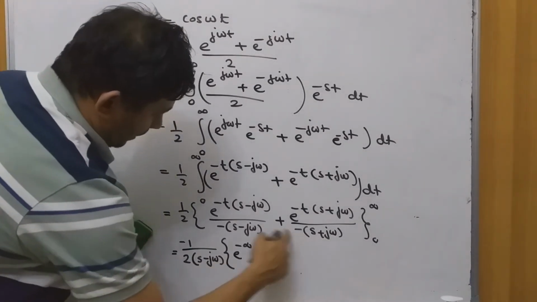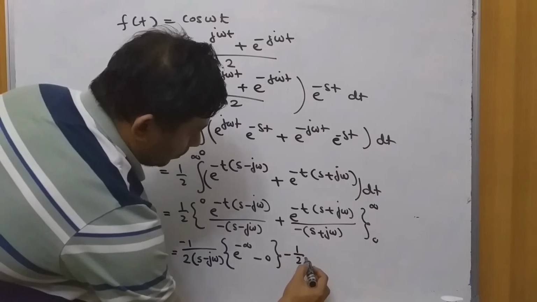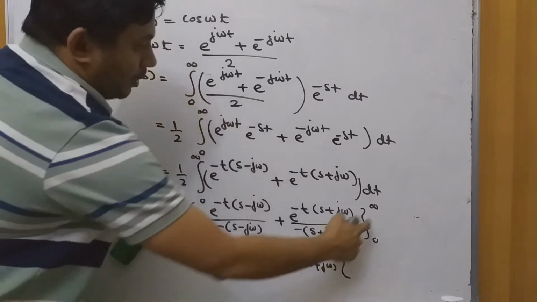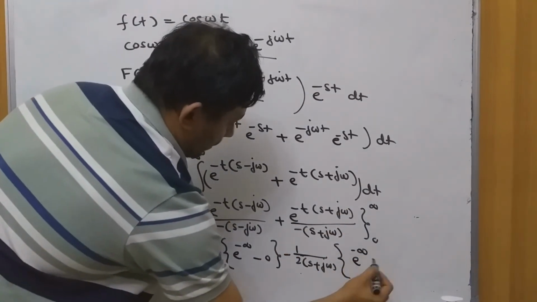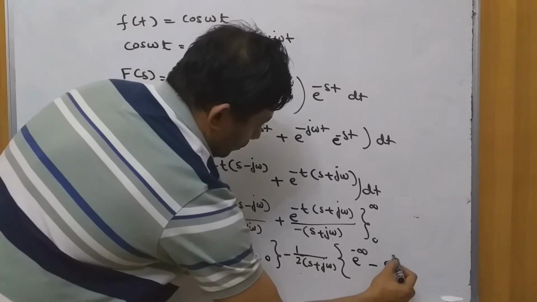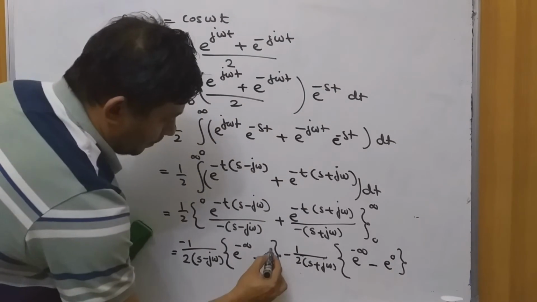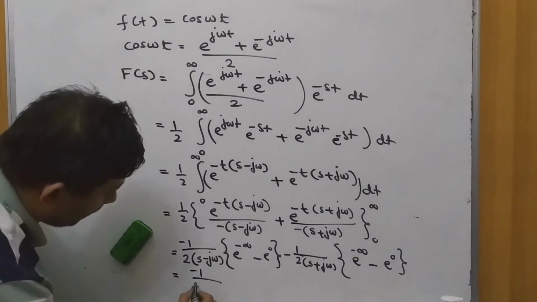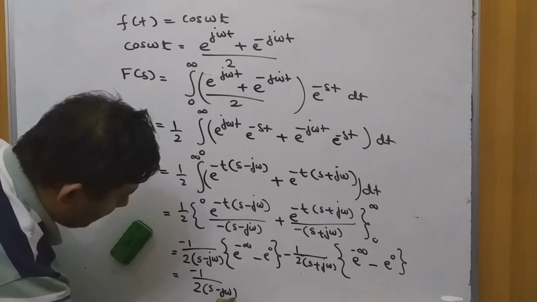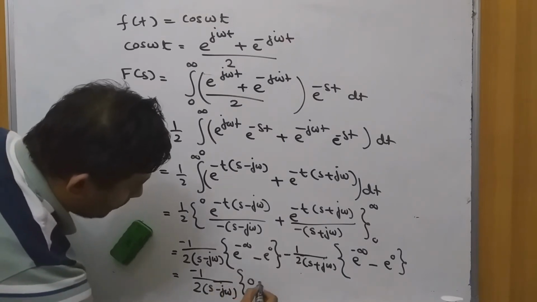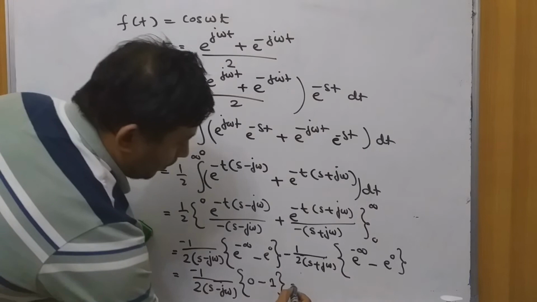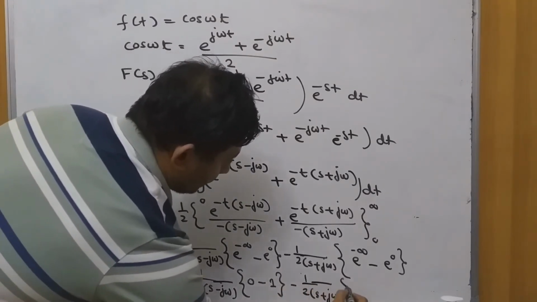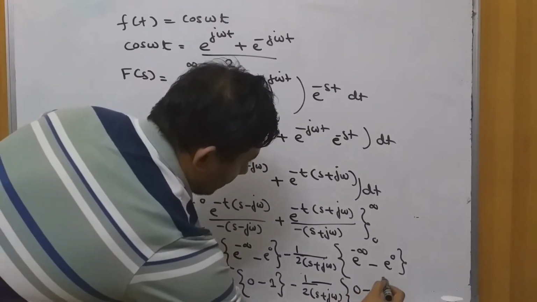The next part has a minus sign, with 1 by 2 common, so minus 1 by 2 times (s plus j omega). If you apply the upper limit, it is e raised to minus infinity, and e raised to 0 for the lower limit. Simplifying, we have minus 1 by 2 (s minus j omega) times (0 minus 1), and minus 1 by 2 (s plus j omega) times (0 minus 1).